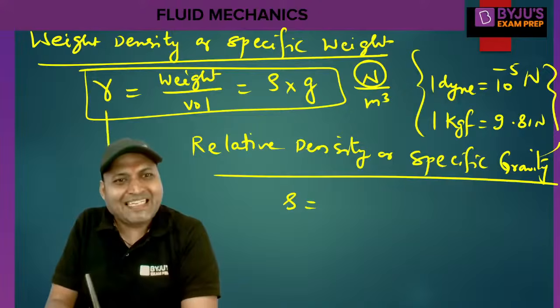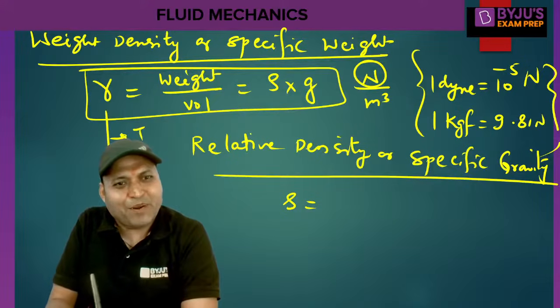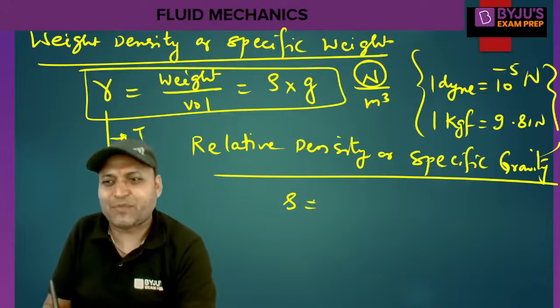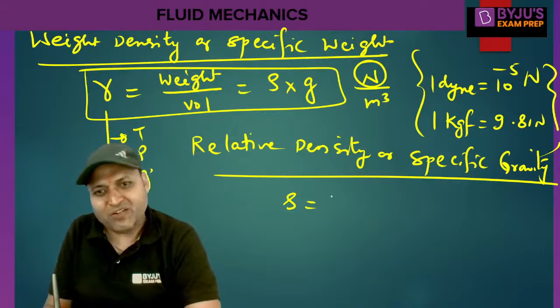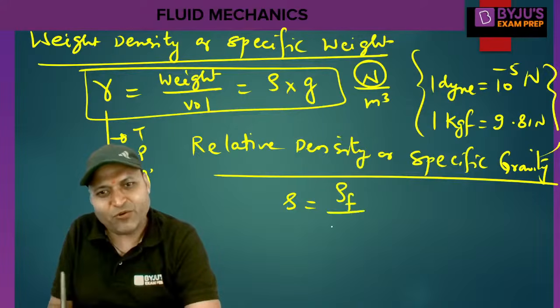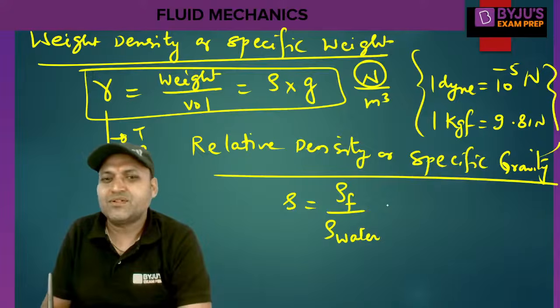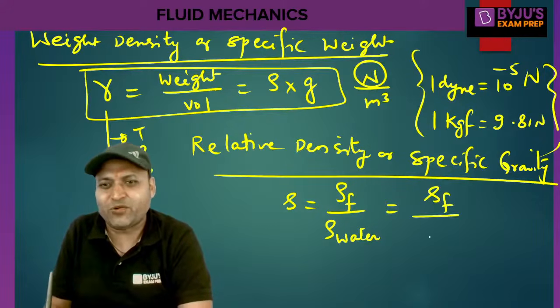The weight density varies with temperature, pressure and location. Specific gravity is the ratio of density of the fluid to the density of water at 4 degrees Celsius. Or we can say specific gravity of the fluid upon specific gravity of water.